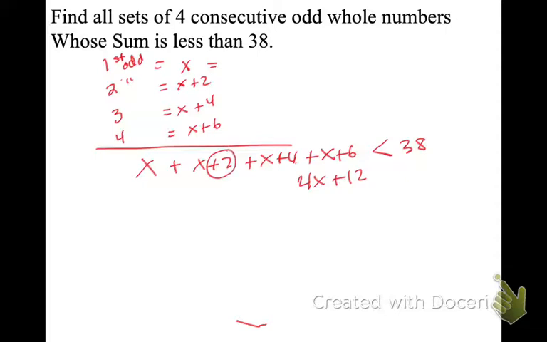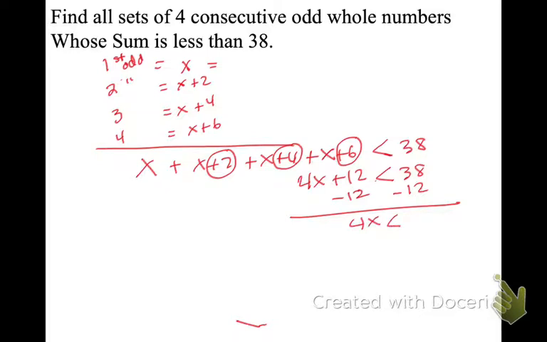I added up all my like terms. Is less than 38, so I'm subtracting 12. Okay, and then I'm going to get 4x is less than 38 minus 12, which is 26. Divided by 4, divided by 4, and x.